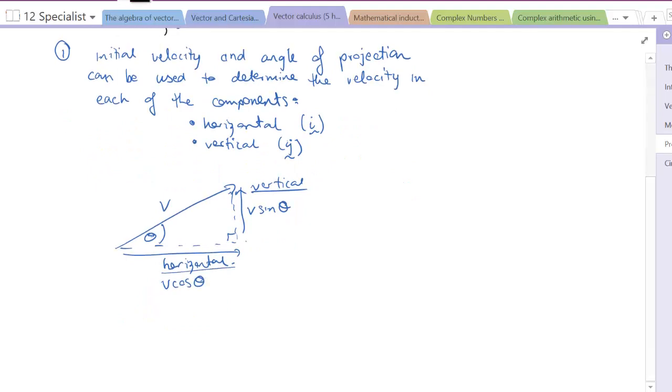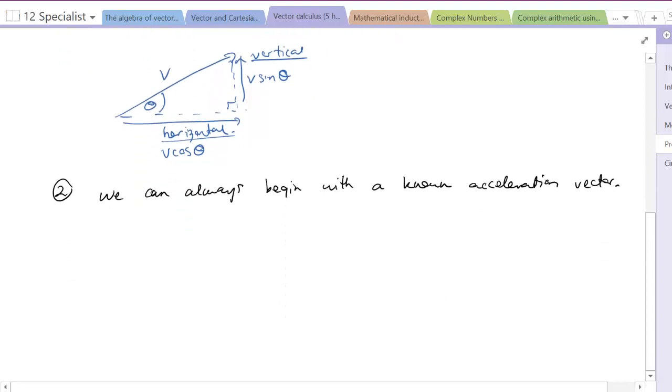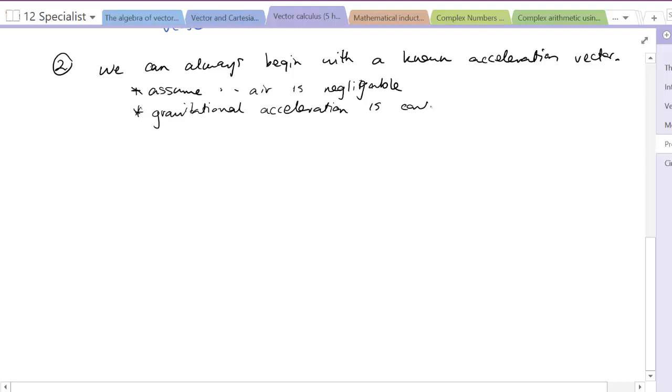The second thing is that we can always begin with a known acceleration vector. Generally when we look at projectile motion, we assume air resistance is negligible and gravitational acceleration is constant.